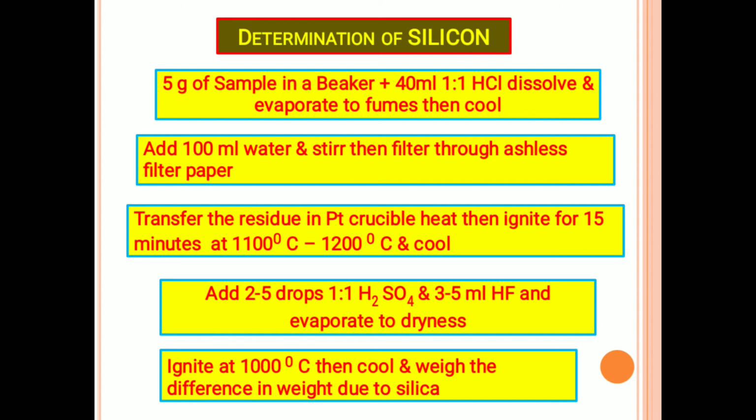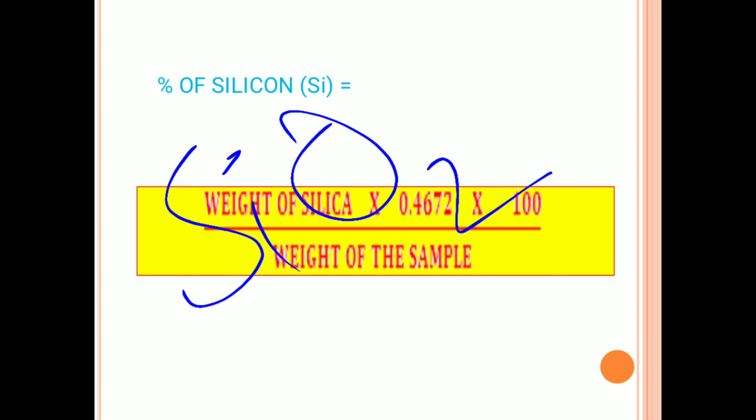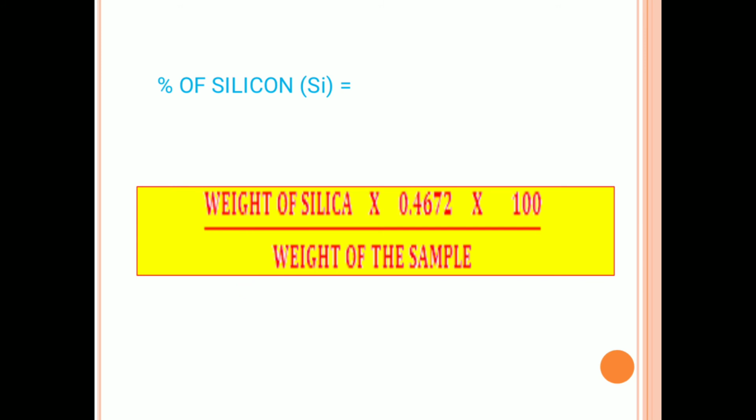That silica will be converted into silicon tetrafluoride. So the loss in weight of the sample will give the information about the silicon, that is Si. Yes, it is silica, but our intention is not silica, it is only silicon. Okay, Si is silicon, SiO2 is silica. Right. So weight of silica into factor. So what is the factor here?